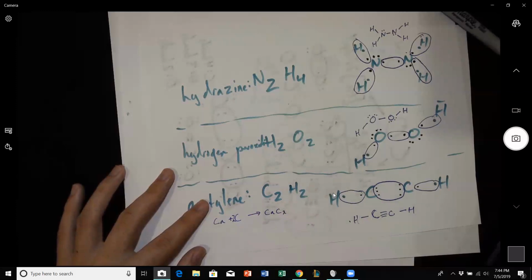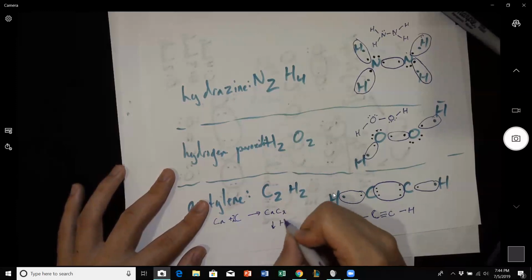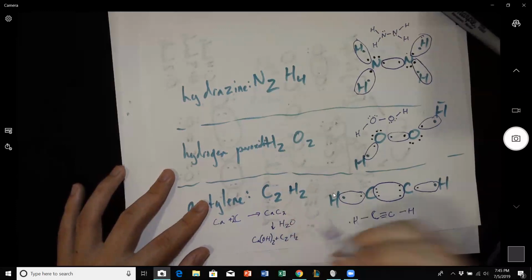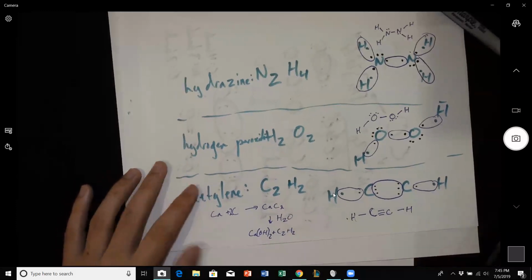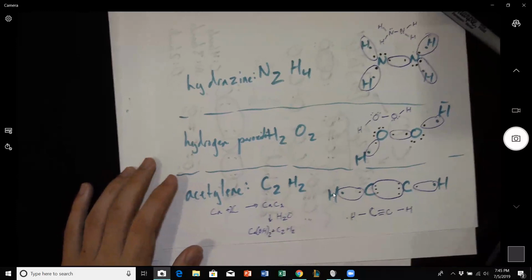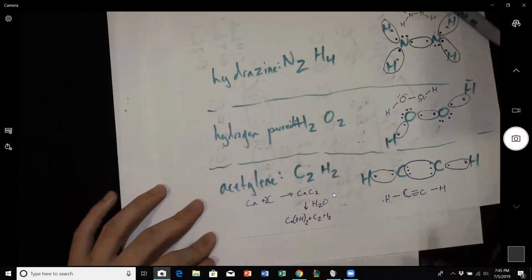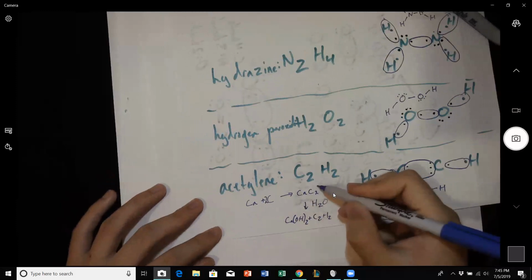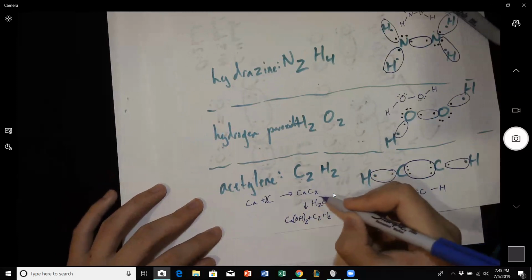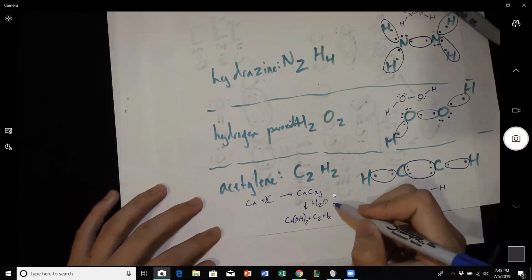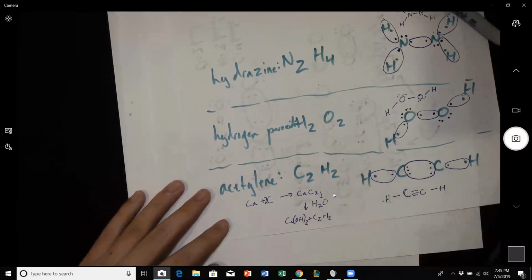I think that's right. And then this reacts with water to form acetylene and calcium hydroxide. So basically, this is how those car headlamps would work. You would take a sample of calcium carbide and drip water onto it. This would slowly release acetylene gas, which could then be used by your car light.